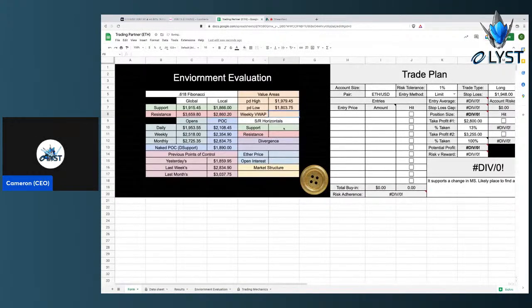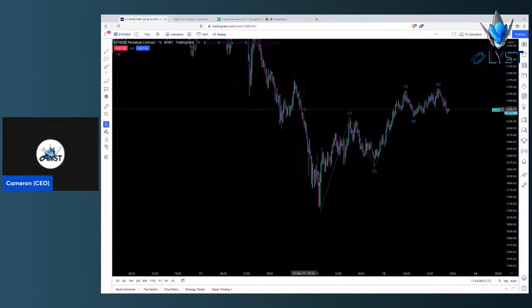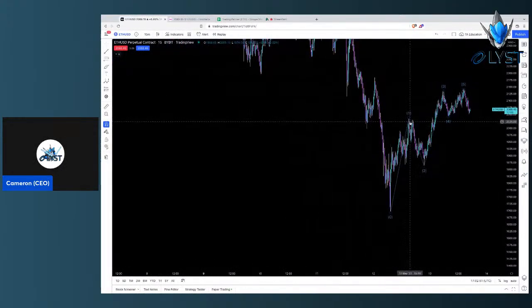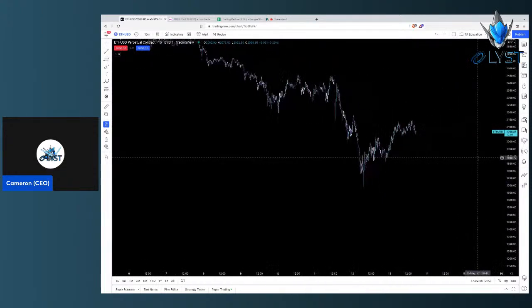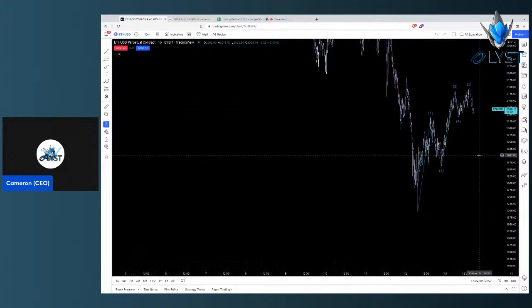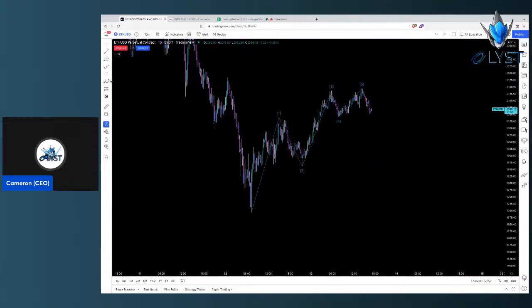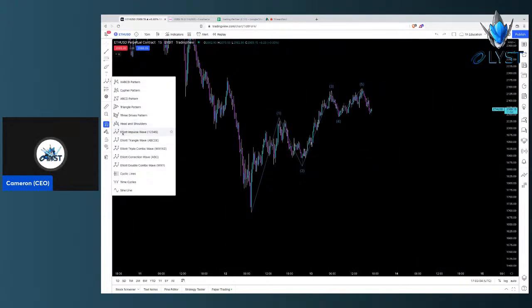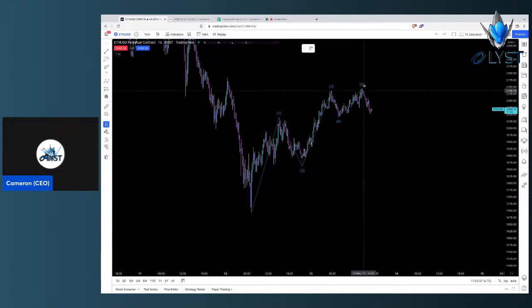Okay. Horizontal supports. We're going to go to TradingView for this. Let's turn that off. By the way, let's just map this out since we're here. What would this mean? If we're not putting in an E wave, it's like an ABC. So this would be like 0, I think.